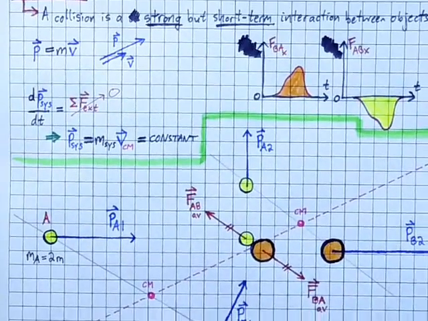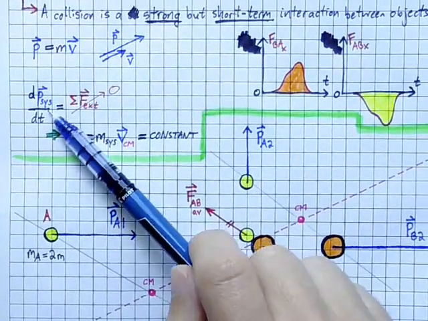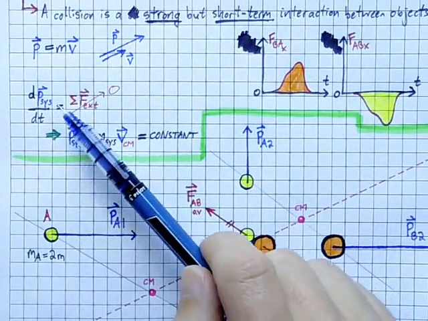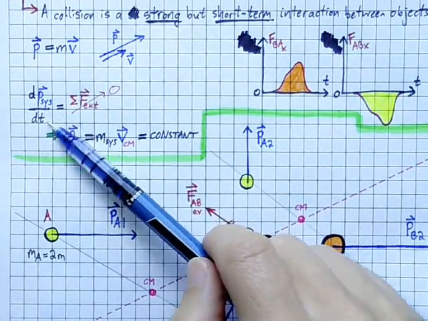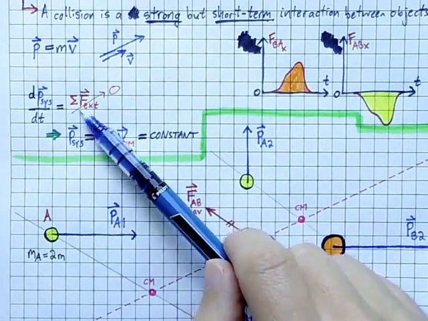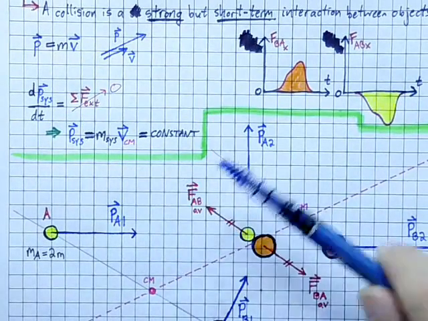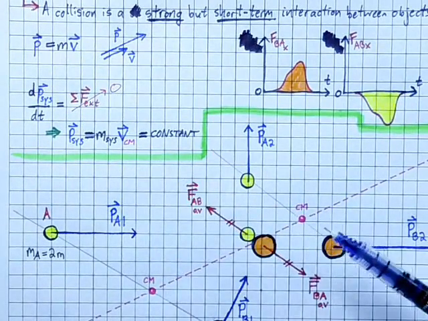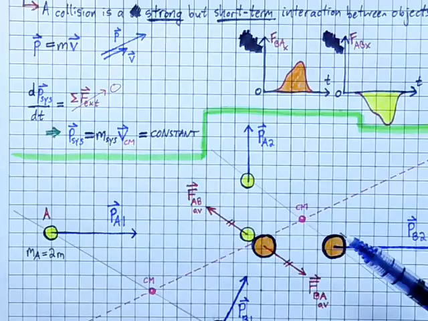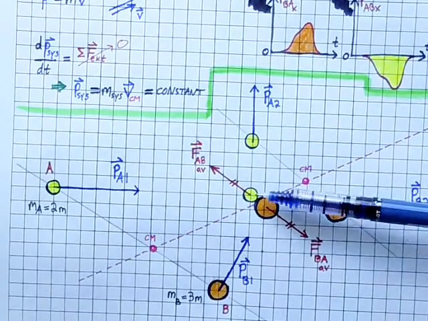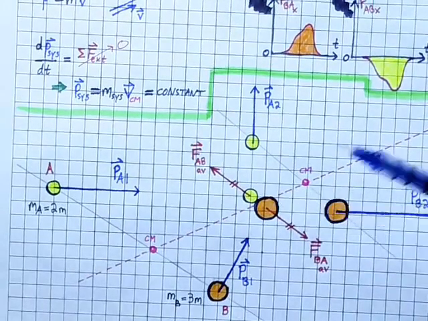And if we state Newton's second law for a system, in terms of momentum, we know that the time rate of change of momentum depends on the presence of external forces. So suppose here in this example that there are no external forces between our two masses. There's just A and B pushing on each other while they're in contact, but that's it.